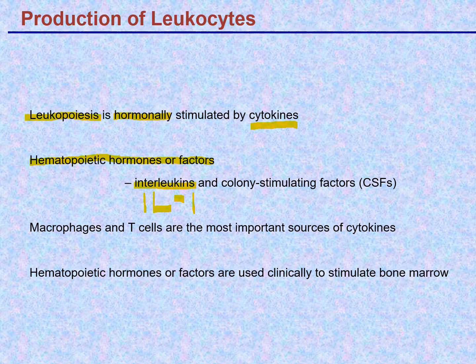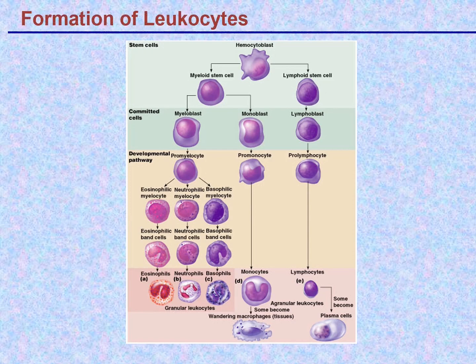Another name for some of the growth factors is a better term: hematopoietic growth factors are colony stimulating factors, or CSFs. Many of these cytokines and growth factors are produced by macrophages and also by T cells. Some of them, the genes coding for them, have been cloned and are produced commercially and used clinically to stimulate bone marrow production of different types of cells.